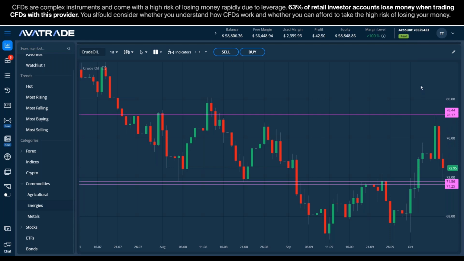Okay, so from a technical perspective, it feels very opportunistic, and from a fundamental news perspective, it feels like it's pushing with the wind at your back here to think that crude oil might be able to climb up.